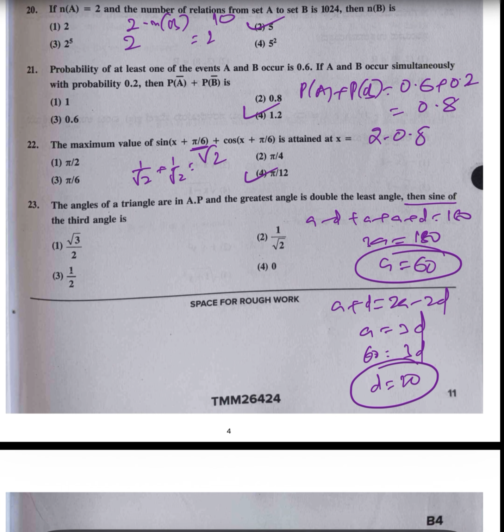Here in the question there is a confusion about the greatest angle being double the least angle. So 60 minus 20 is the first one, 40, 60, and 60 plus 20, 80. These are the three angles. They have talked about these two. They want the sine of the third angle, the remaining angle, so sine 60 is root 3 by 2.